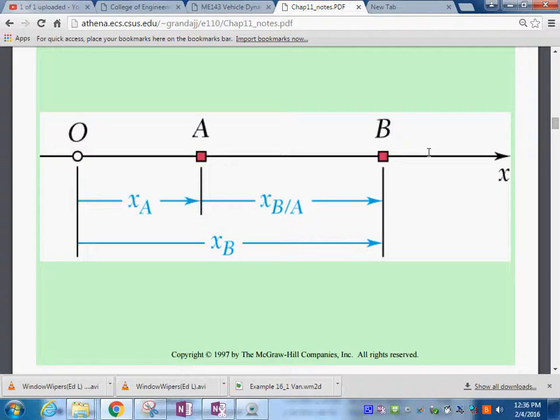Like in this case, we can say that the position of B is the position of A plus the position of B with respect to A. So that notation x B slash A means the position of the point B with respect to A. So A is our reference point.